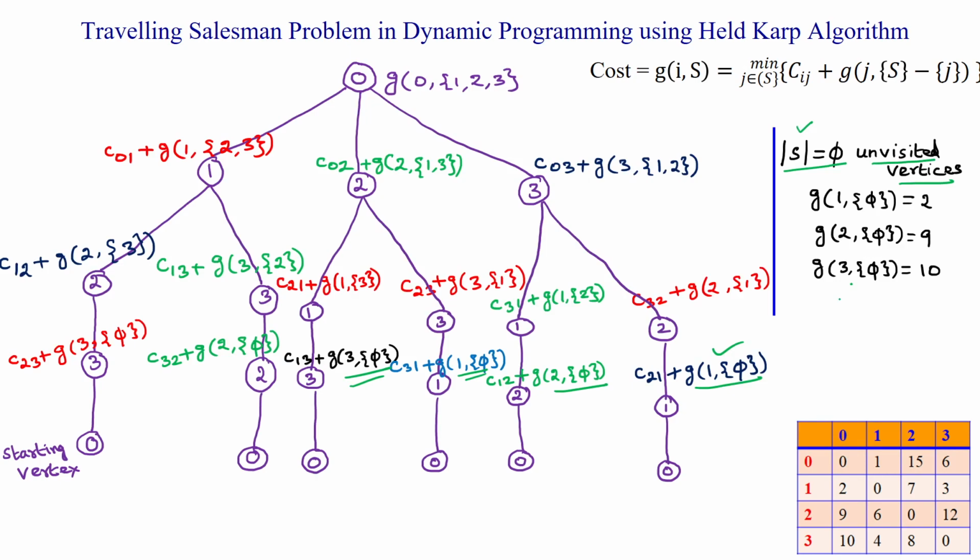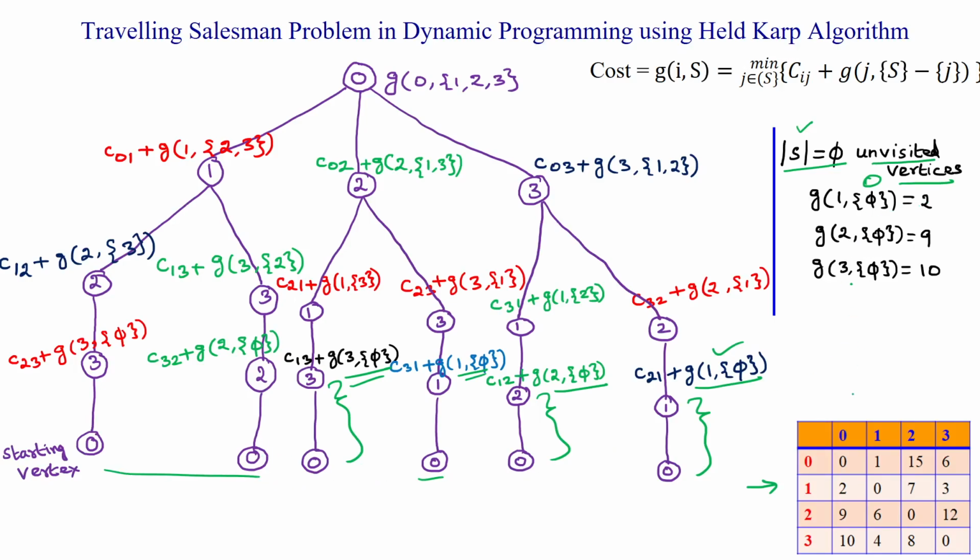Based upon that, how do we calculate this? You use the adjacency matrix. G of 1 comma pi means source vertex 0; pi means he has to go back to the source vertex. You look at that, from 1 to 0, 2 to 0, like that 3 to 0.